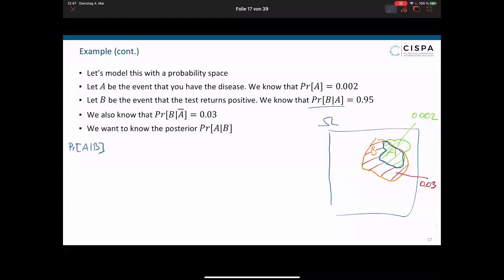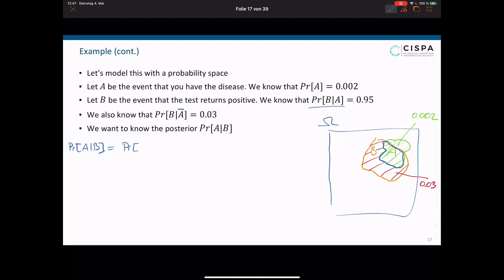So the probability of B given A is 95%. So we have a probability of B given A and probability of B given not A. But what we're interested in is probability of A given B. So the first thing that we're going to throw at this is just Bayes' law to reverse the conditioning operation in this probability, right?